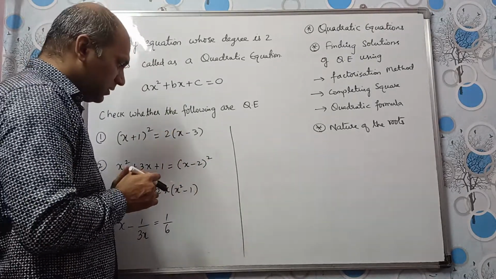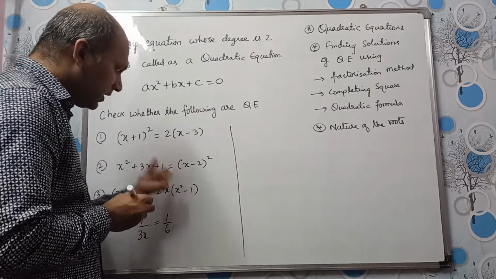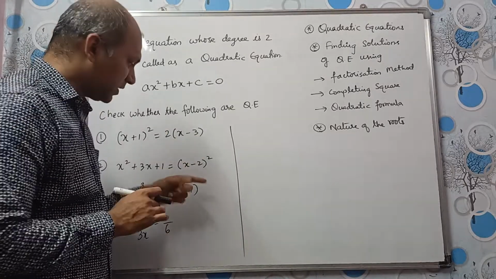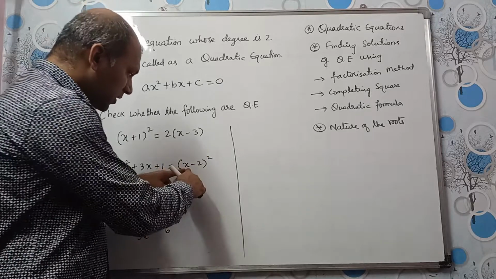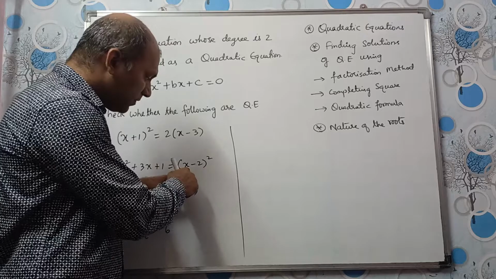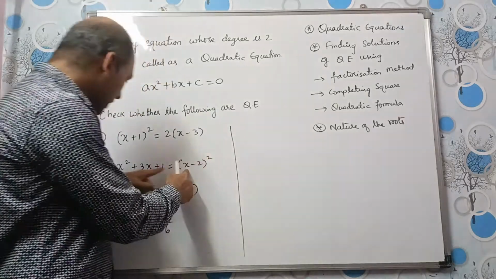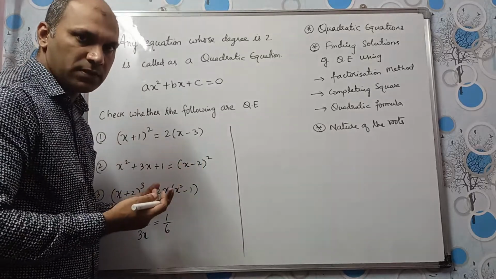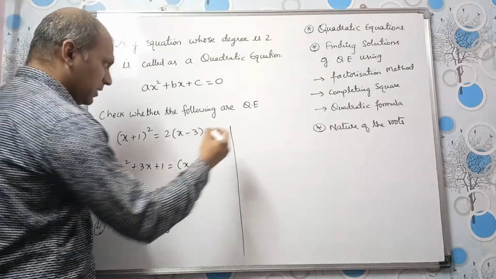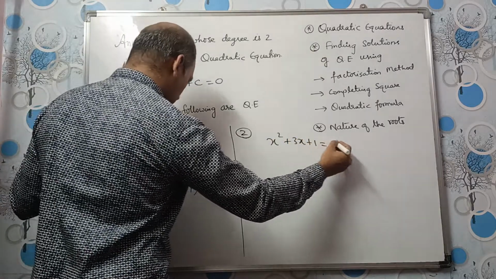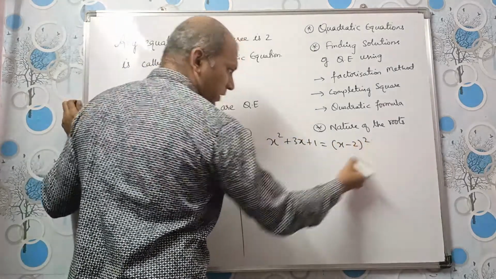Or, if you have enough practice, you can tell that it is not a quadratic equation, because if you expand x minus 2 whole square, the first term will be x square. That x square and this x square will get cancelled. So there are no x square terms. I'll explain this. Second one: x square plus 3x plus 1 equal to x minus 2 whole square.